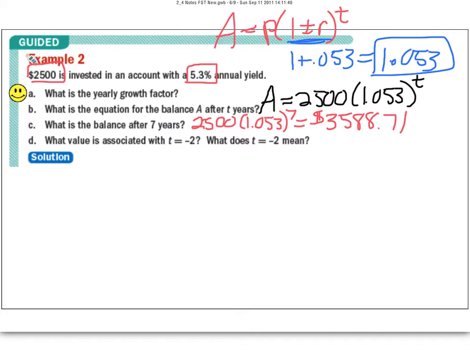$3,588.71. Now, the last one, D here, they want to know what value is associated with t equaling -2, and what does it mean? Well, if you think about it, if t is time, and we start at time 0, which would be like today, what does t of -2 mean? It means what we did 2 years ago.